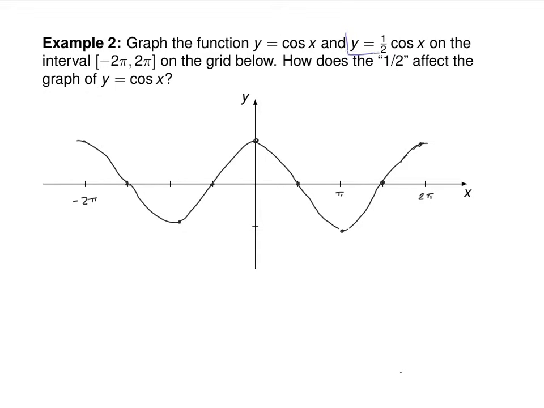So what's the 1/2 going to do to this cosine picture? It's going to go squish. Yep, so this, instead of crossing at 1, will cross at 1/2, right? The zeros stay in the same place, don't they?